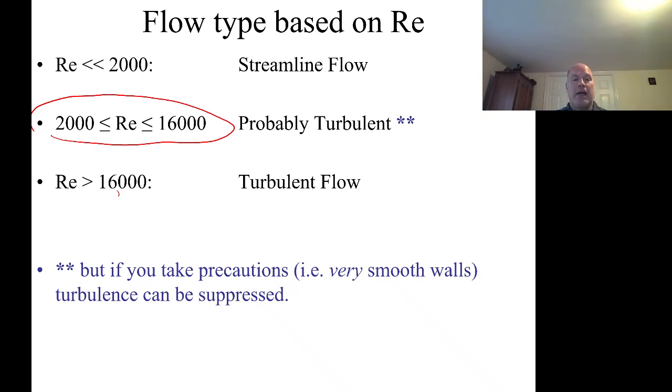Why? Because if you have the fluid flowing through a pipe and the number is less than 2,000, you're sure it's going to be non-turbulent. It's going to be laminar flow. Bernoulli's equation or Poiseuille's equation, depending, is going to work.